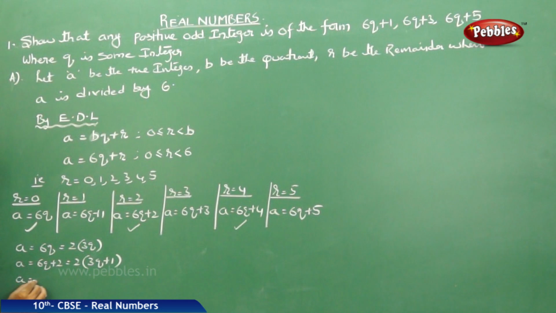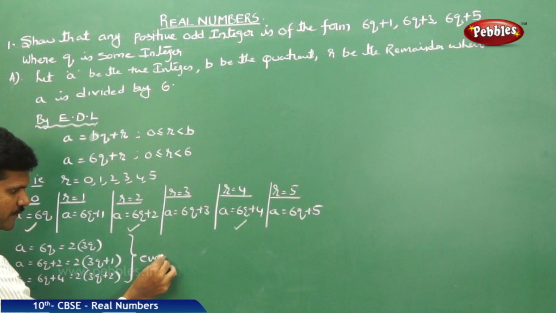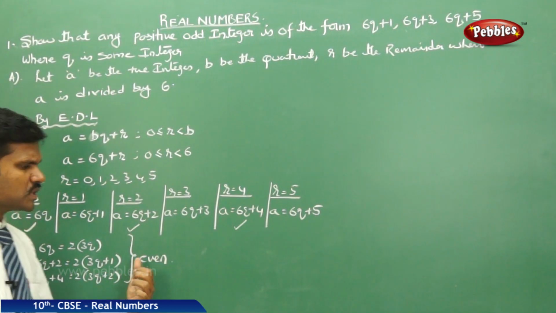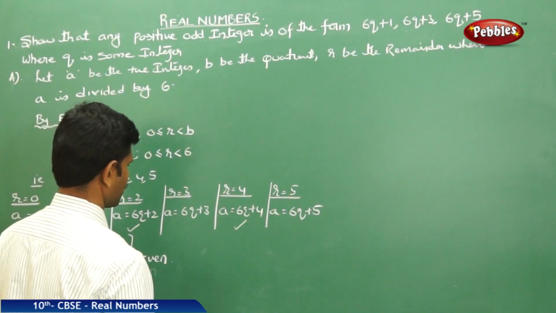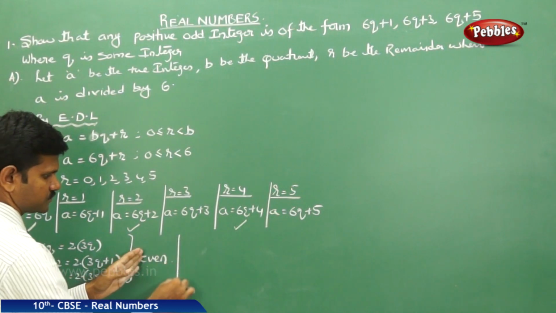Next, a is equal to 6q plus 4, 2 times 3q plus 2. Clearly, these are even. Why do you consider these even? Multiple of 2, multiple of 2, multiple of 2. Therefore, clearly a is even.